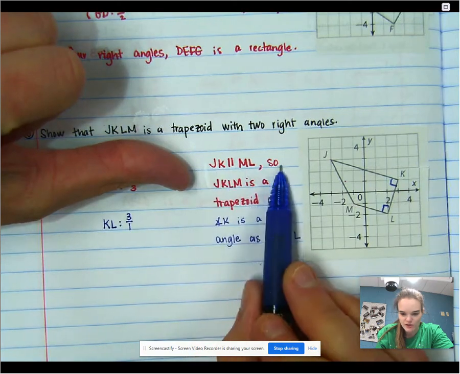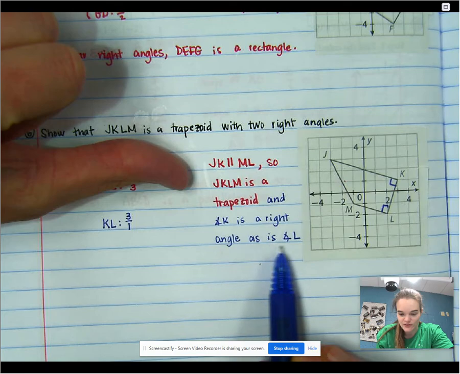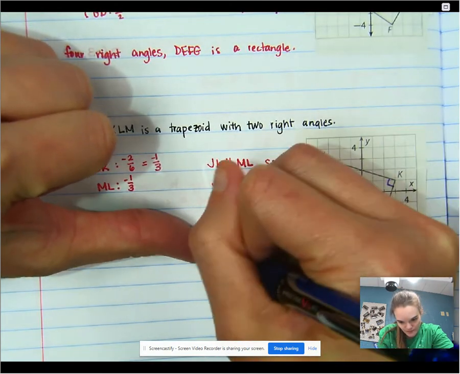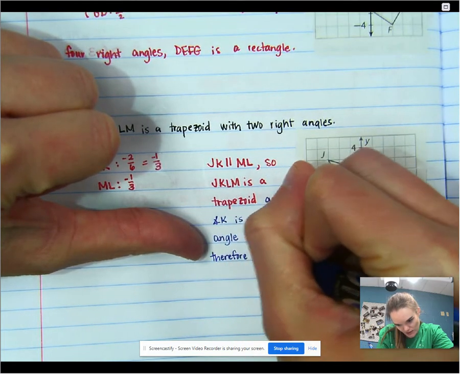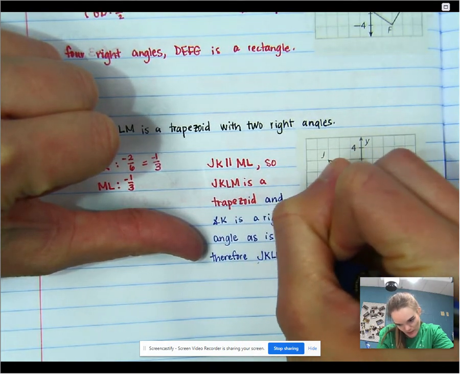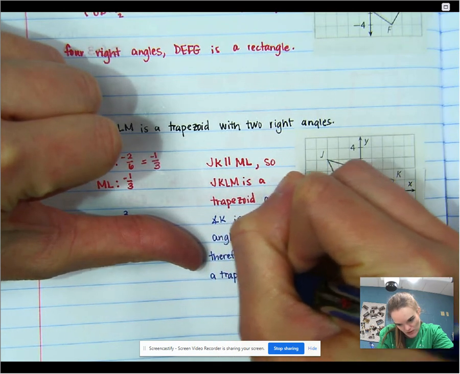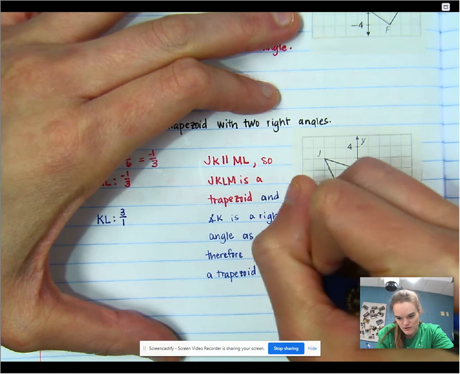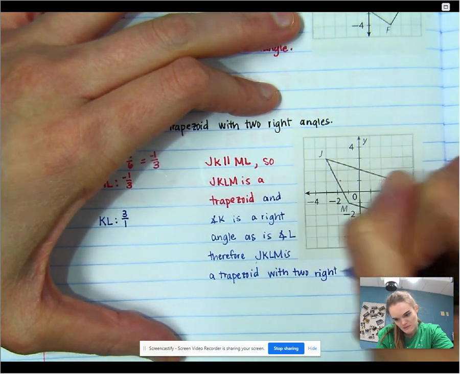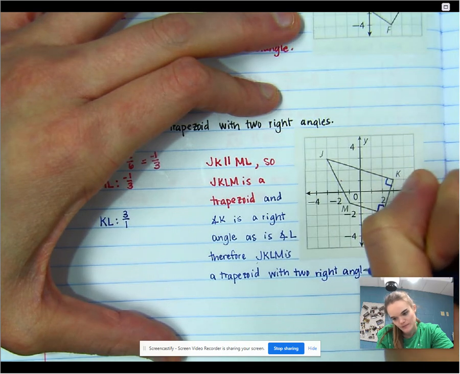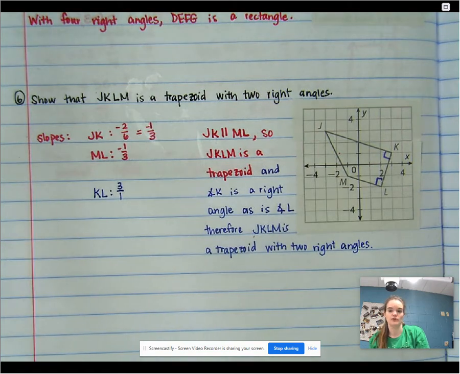So, since they are parallel, JKLM is a trapezoid, and angle K is a right angle, as is angle L. Therefore, JKLM is a trapezoid with 2 right angles. So we have proved that it is a trapezoid with 2 right angles.